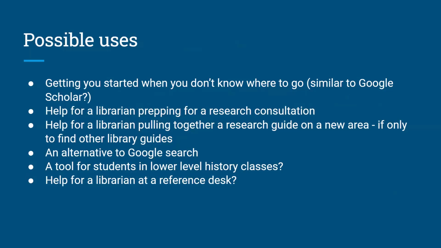I think Perplexity as a search engine is pretty useful for that. It could also be useful for a librarian prepping for a research consultation, especially in history. It could help a librarian pulling together a research guide in a new area, if only to help find other library guides. So that could be a really good use of this.